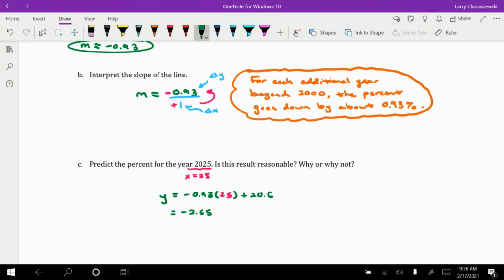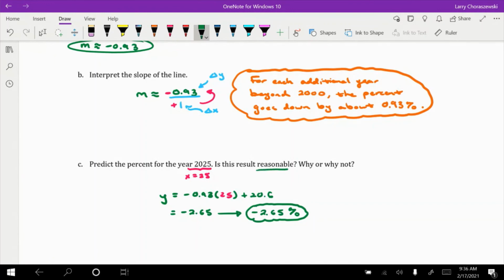Did I get confirmation on that? Rock on. Now, keep in mind what the y values stand for. In our application setting, this is negative 2.65%. So that would be the prediction for the year 2025.